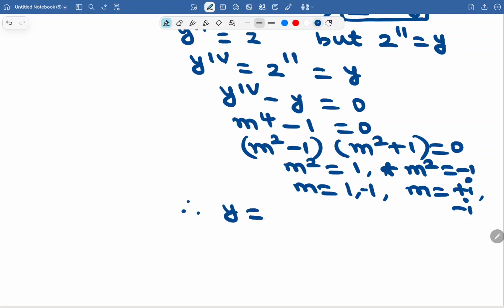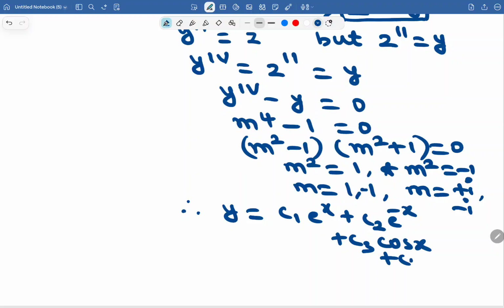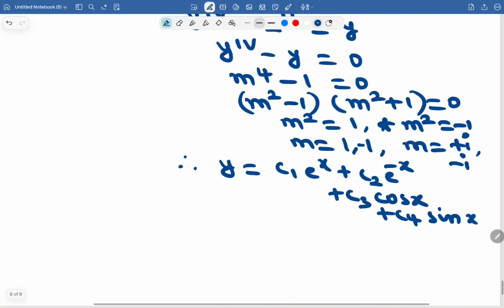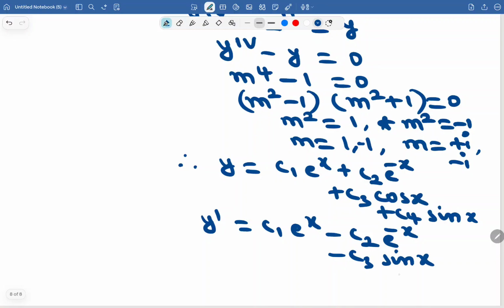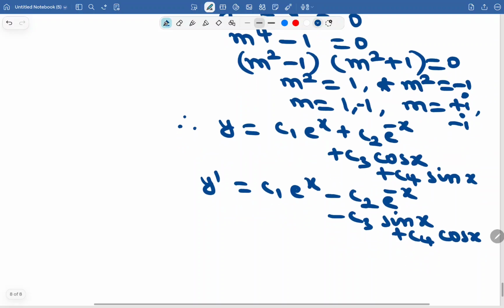Therefore y equal to c1 e power x plus c2 e power minus x plus c3 cos x plus c4 sin x. What is y dash? c1 e power x minus c2 e power minus x minus c3 sin x plus c4 cos x.